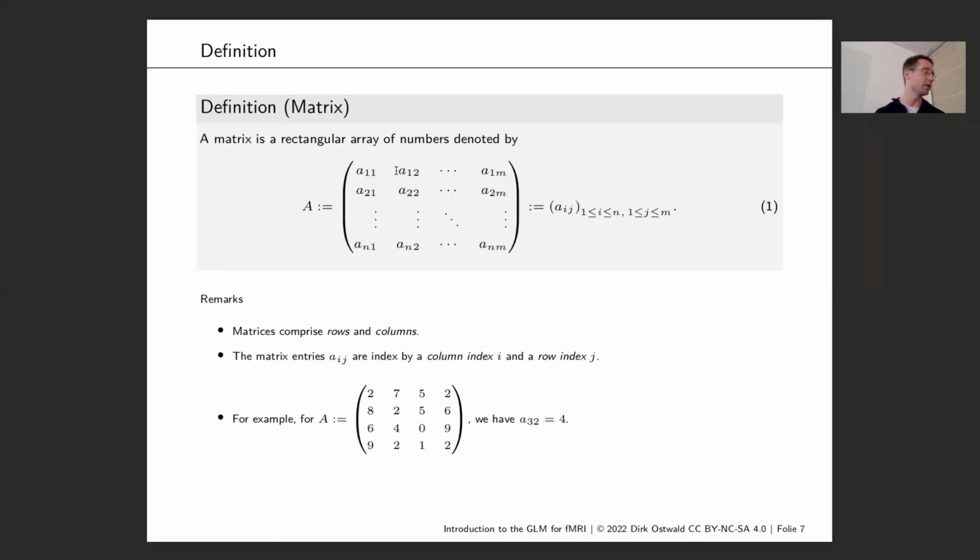The most important thing to remember is that the elements have a row and a column index, and the row index is always the first one, and the column index is always the second one.